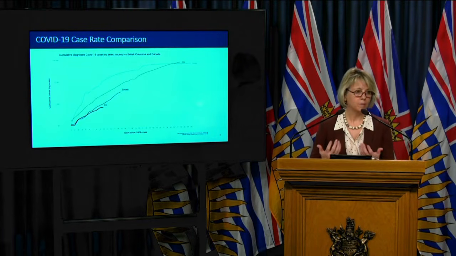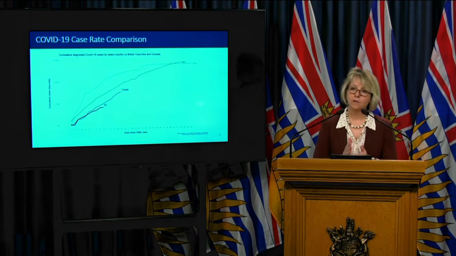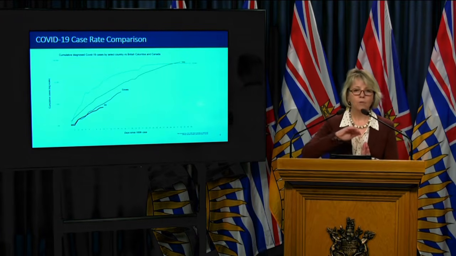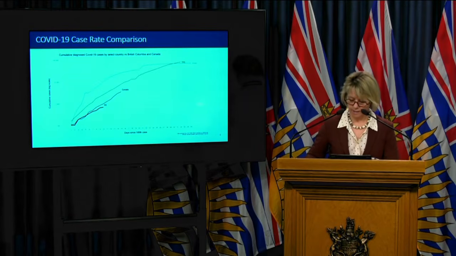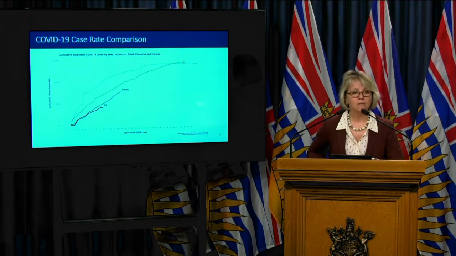So these are what we've been presenting every day, the number of people in BC who test positive for COVID-19. And it compares that to the number of cases that test positive in other parts of the world. And in this case, we've been looking at how the outbreak flowed through time in Hubei and in Italy. And again, this starts at when you've had 100 cases in that jurisdiction.